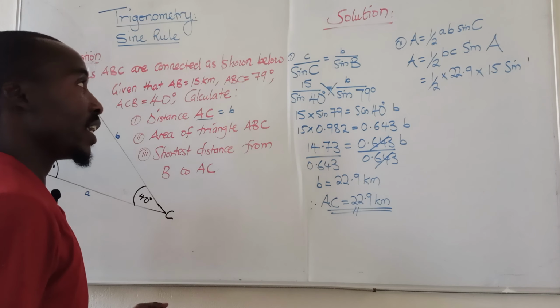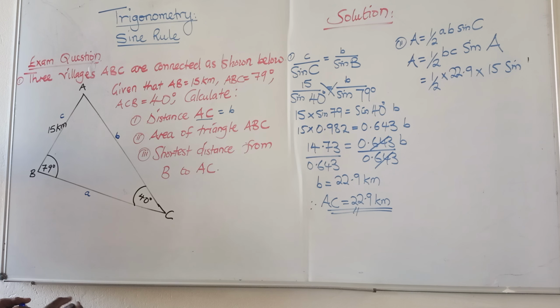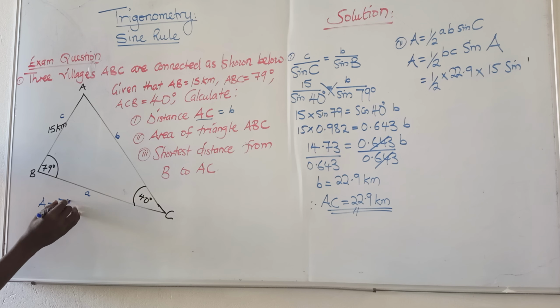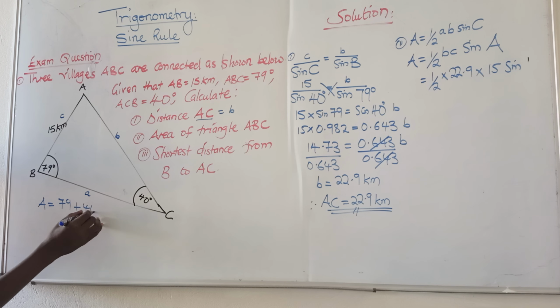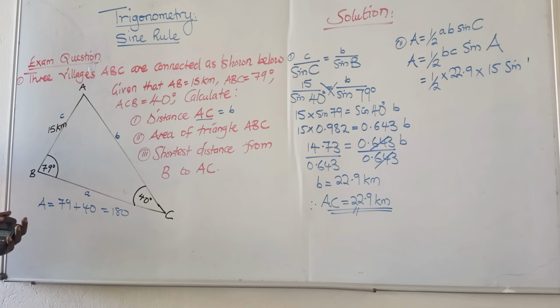Now, sine A. We don't have the angle at A. So how do we find the angle? We add 79 plus 40, and subtract from 180. 79 plus 40 gives us what?